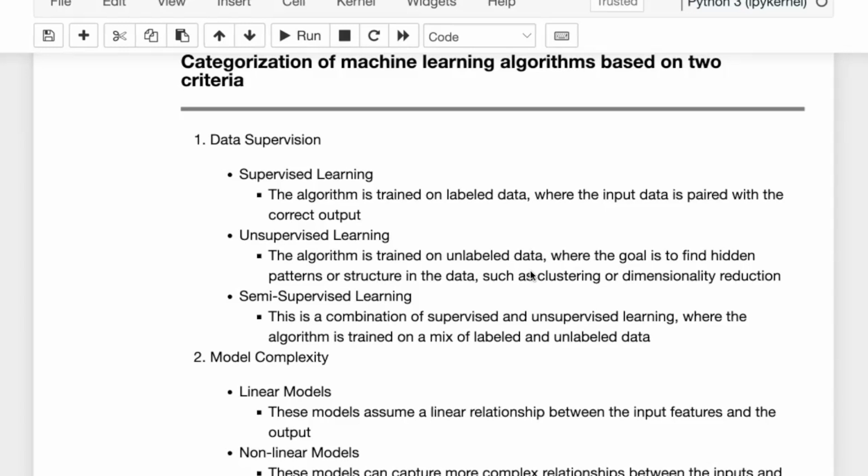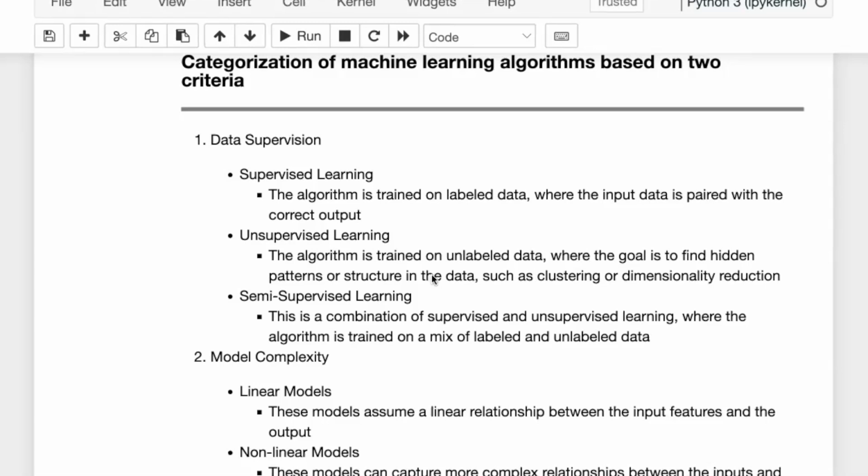But the goal is to automatically find some interesting patterns or structures in the data. For example, can we automatically group them into two clusters, where one cluster are the ones that are more likely to be normal and another cluster are the ones that are more likely to be abnormal? So in this case, we don't have any supervision, but we do want to learn these types of structures.